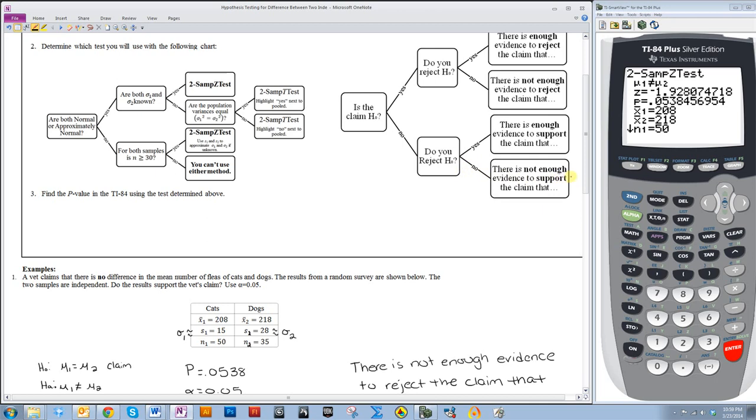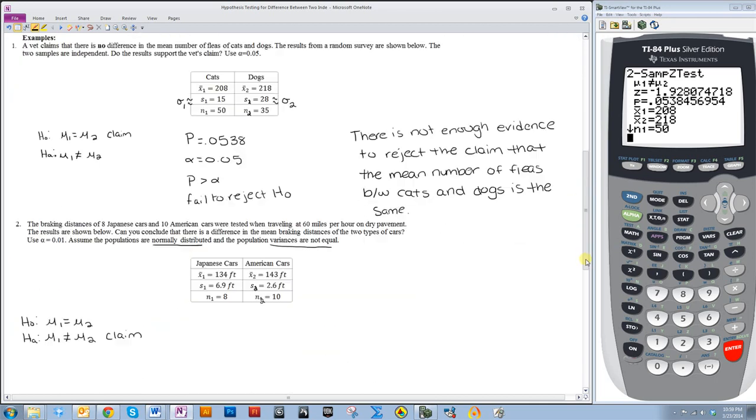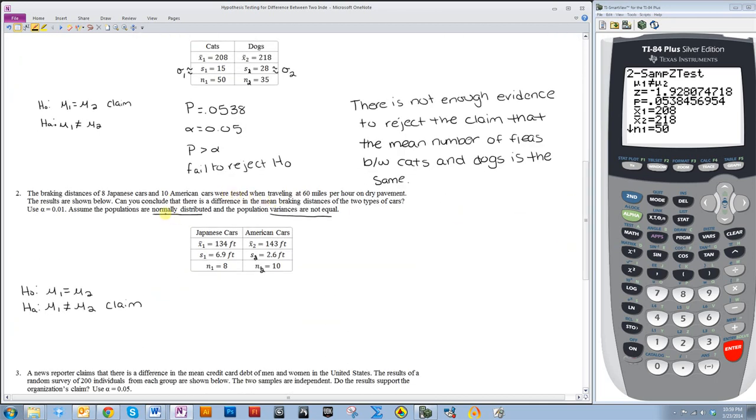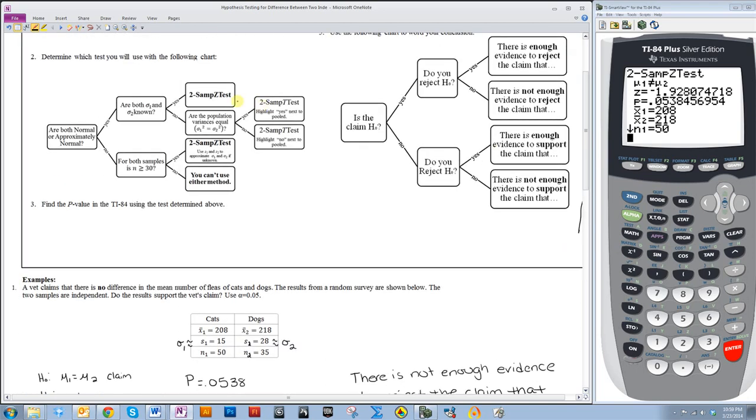If we look at this, it doesn't in any place tell us sigma 1 and sigma 2, and we don't have it here either. The only time you can assume that sigma 1 is equal to S1 is when n is greater than or equal to 30, so we don't know sigma 1 and sigma 2. So no. Are they equal?